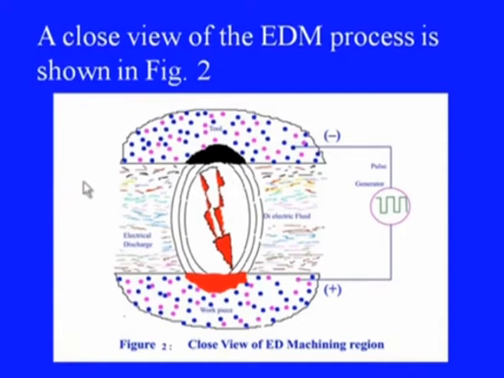Then at that time the new dielectric will fill this gap in this zone, and there will not be any sparking for that gap period or pulse off period. Then as the next pulse on time comes, the similar cycle repeats here and the material gets evaporated from this zone. Also, there are some other phenomena that are taking place here.